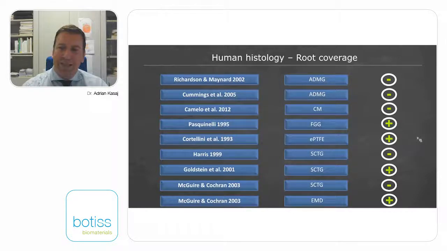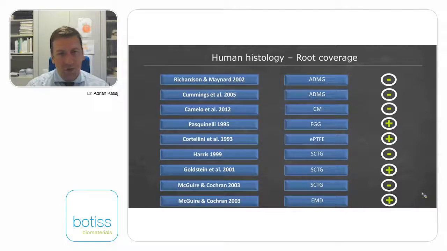We had some signs of regeneration after the use of free gingival grafts and non-resorbable membranes. For the autogenous connective tissue grafts, there are some studies showing regeneration, others not. And we have this study by McGuire and Cochran from 2003 showing a regeneration following application of an animal matrix derivative.